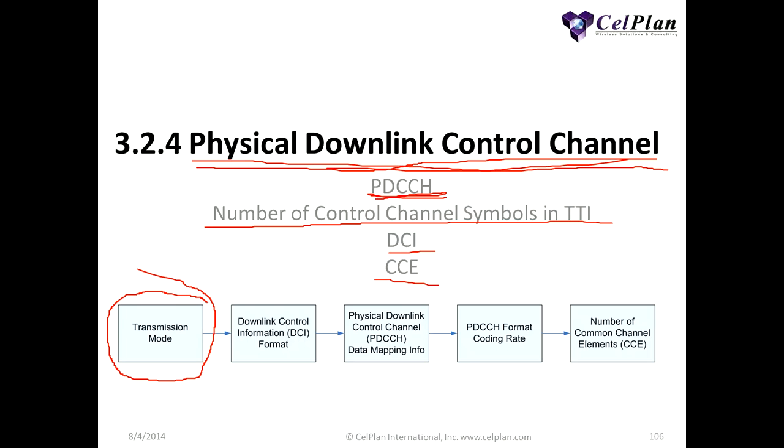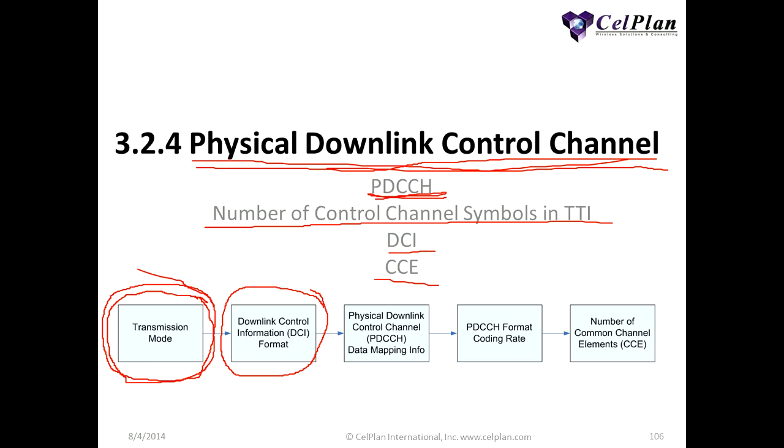So once the transmission mode is established, and this is established when the UE registers, then the downlink control information format can be defined. And this format basically is the format of the mapping information. So once we know what the transmission mode is, we say, well, we are using this format to send.